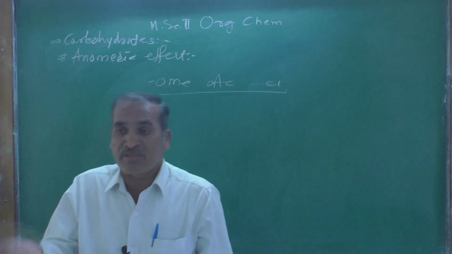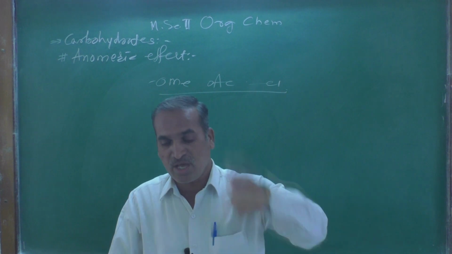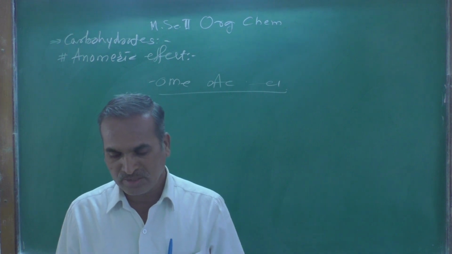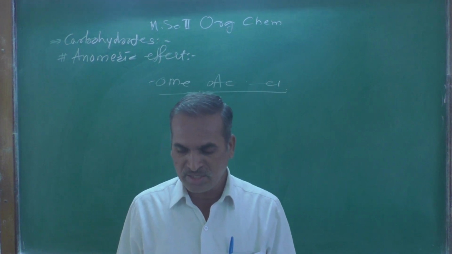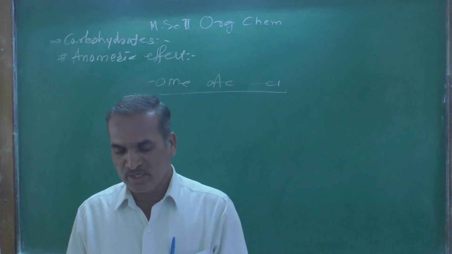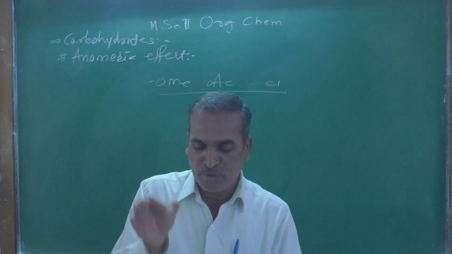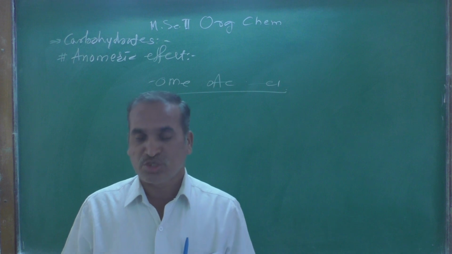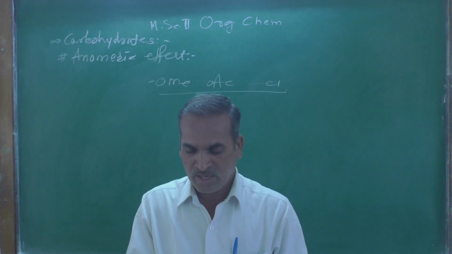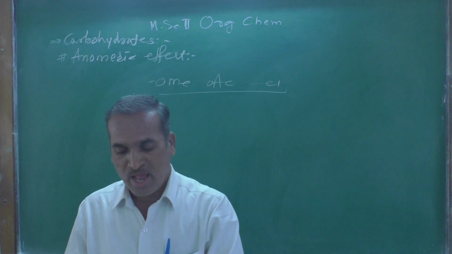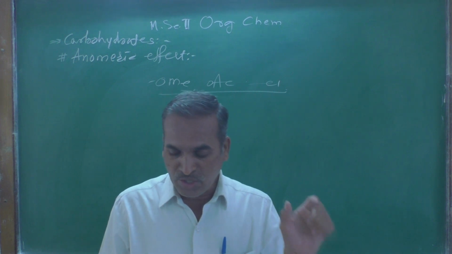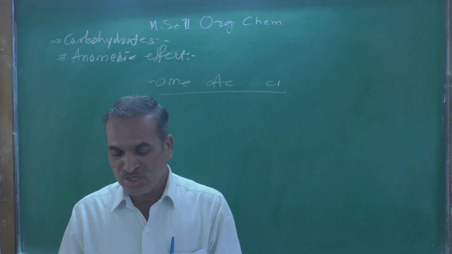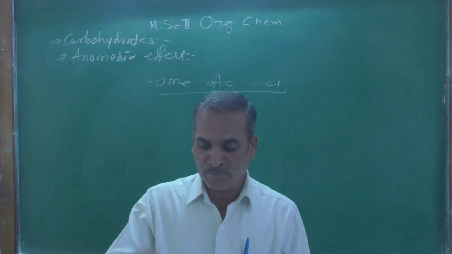Then what is going to happen, what type of effect? That effect is nothing but the anomeric effect, remember here. It is believed to be due to the interaction between lone pairs of the ring oxygen atom and those of the substituent at C1, and this interaction is less for an axial than for an equatorial substituent, and alpha-D-pyranose is more stable than the beta form.